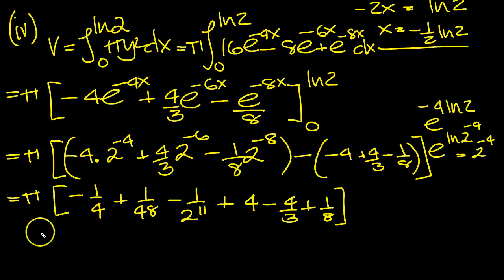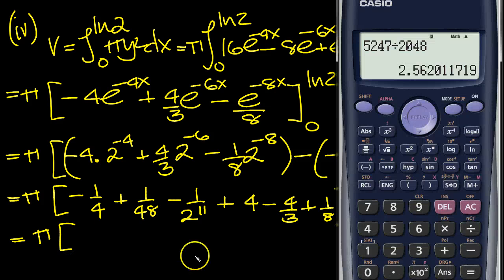So why don't we work out the fractions first and then worry about the 2 to the 11. So let's tap those in then. We've got minus 1/4, minus 1 divided by 4.